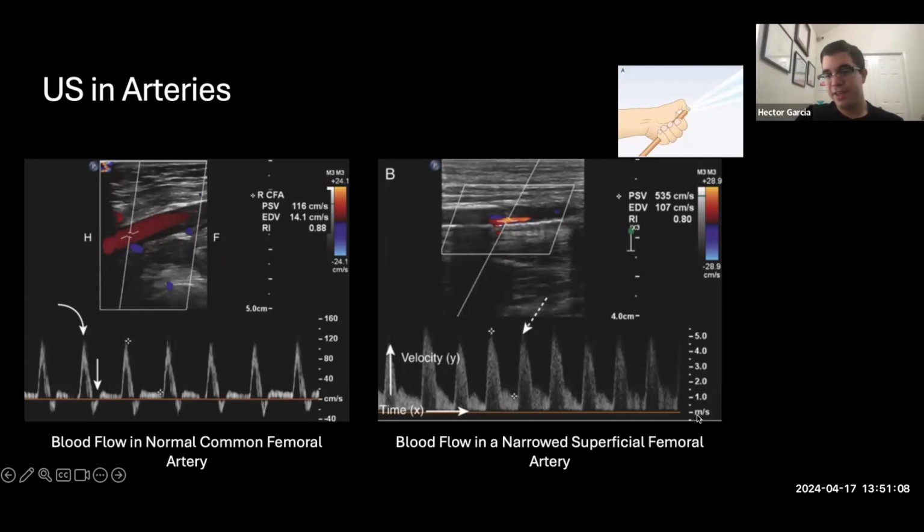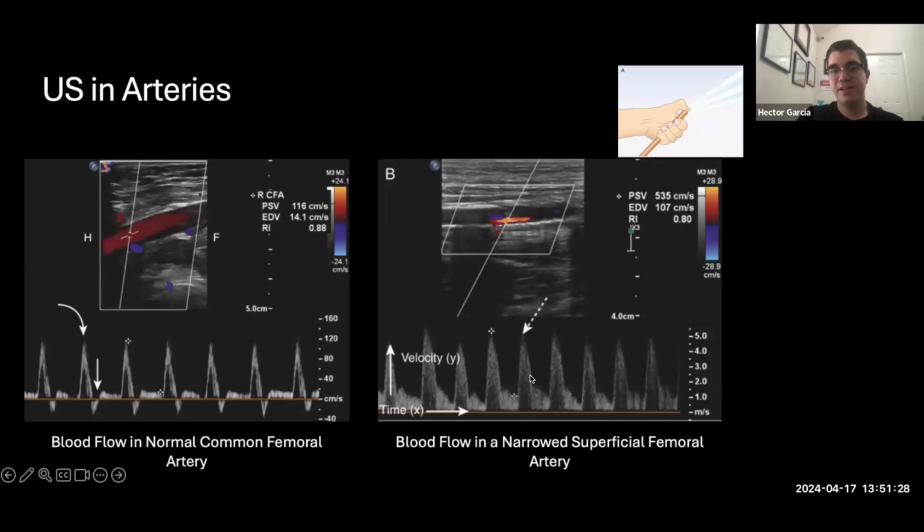And look at this, this is meters per second. So this is almost 500 meters per second, whereas in this one it is centimeters per second. So the velocity increases much more. And usually for people who have peripheral arterial disease, this is where this comes in handy.